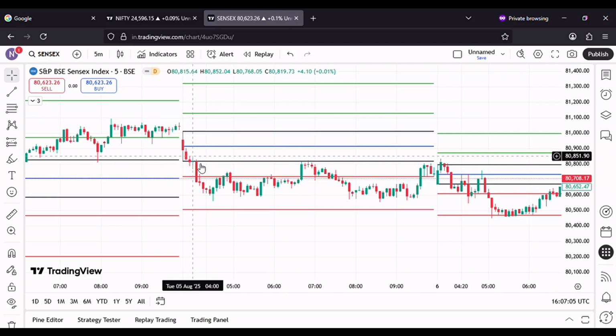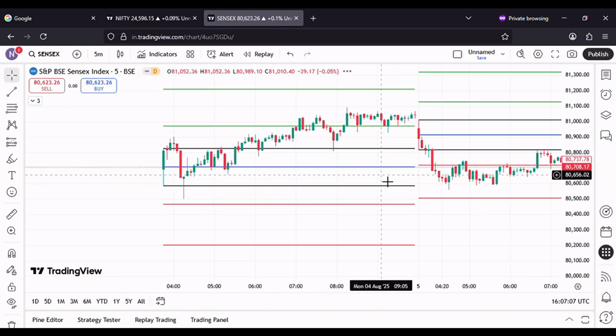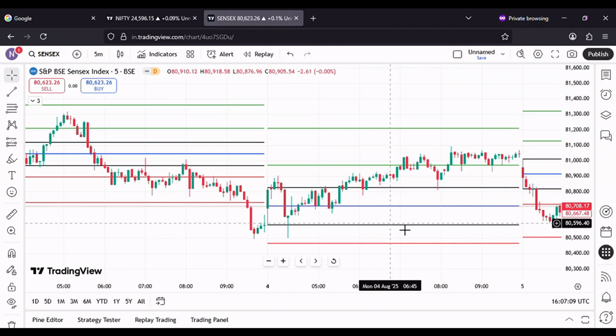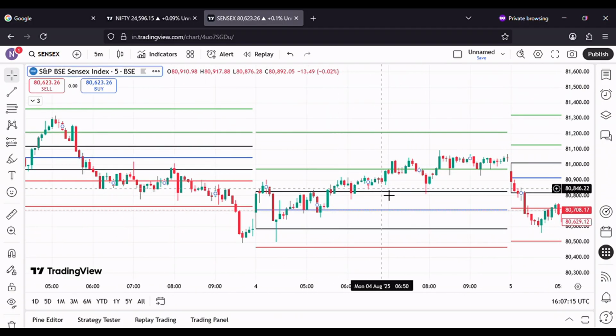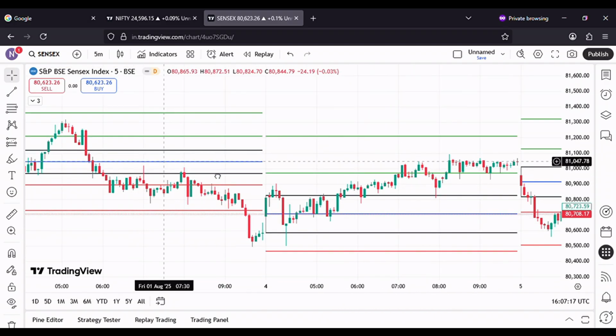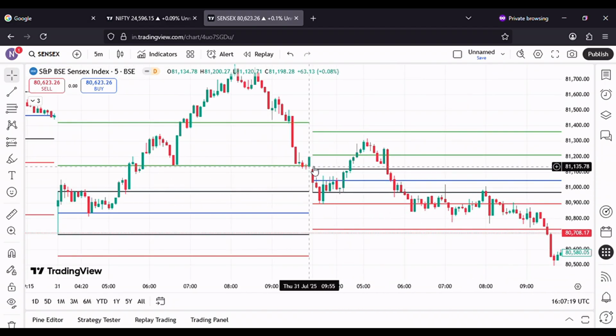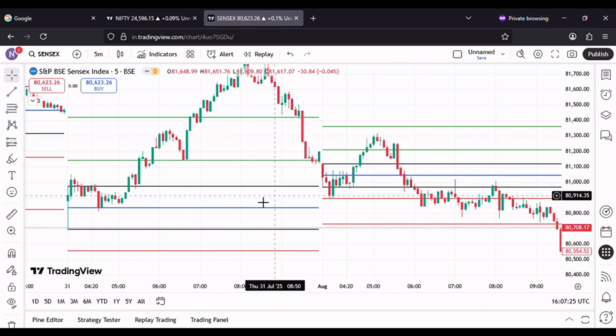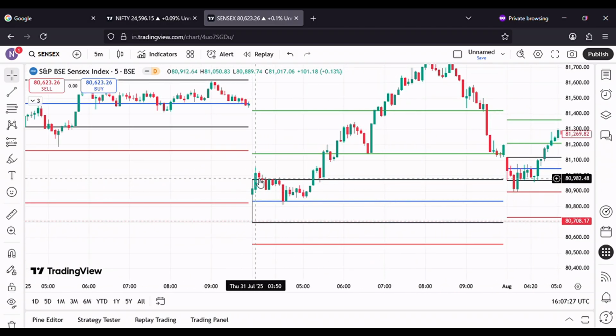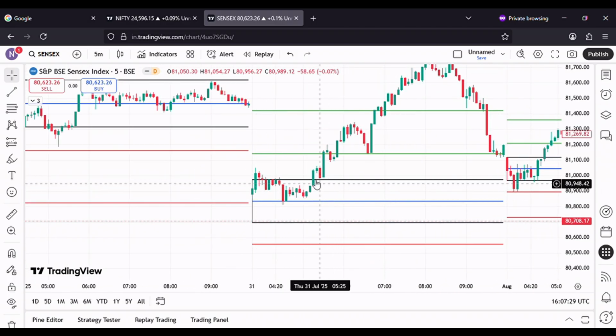See here, it is a bearish market. When the first 5-minute candle's high is broken, then it will form a bullish market. Here you can see exactly where it has taken support and moved. This is for educational purpose only.